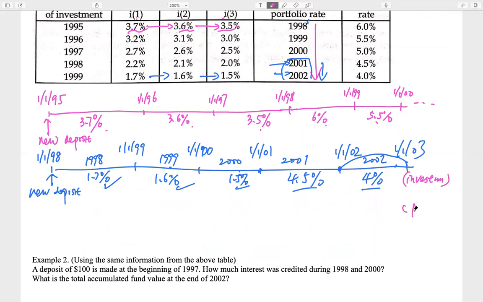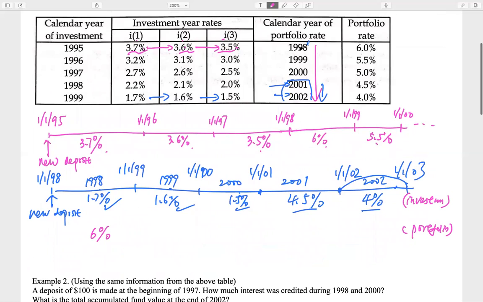Right. So on the other hand, if I directly apply the portfolio method, I get 6% right away for 1998. For 1999, I will get 5.5%, right? And then for 2000, I will see 5%. Of course, after that, they are the same, right? So the difference is for the first 3 years. Okay.